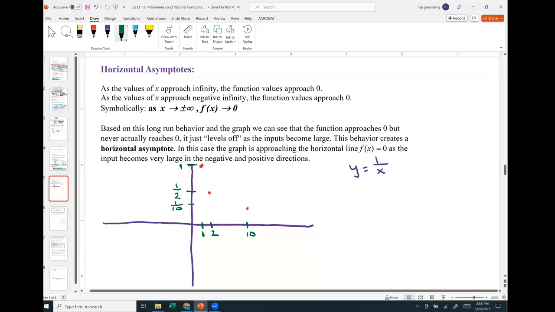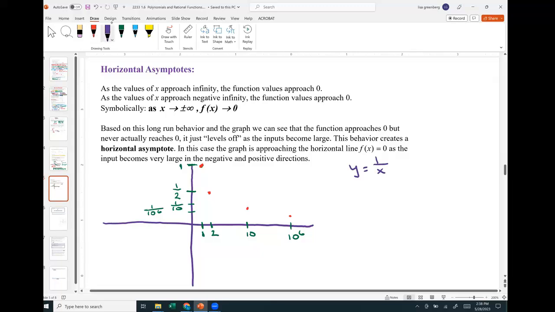When x equals 1 million, y is going to equal 1 over 1 million. So we have this point.